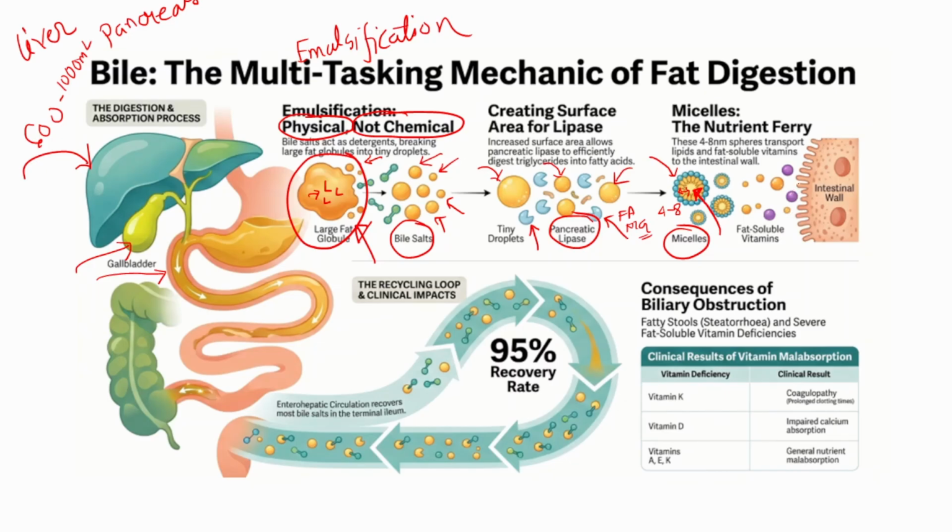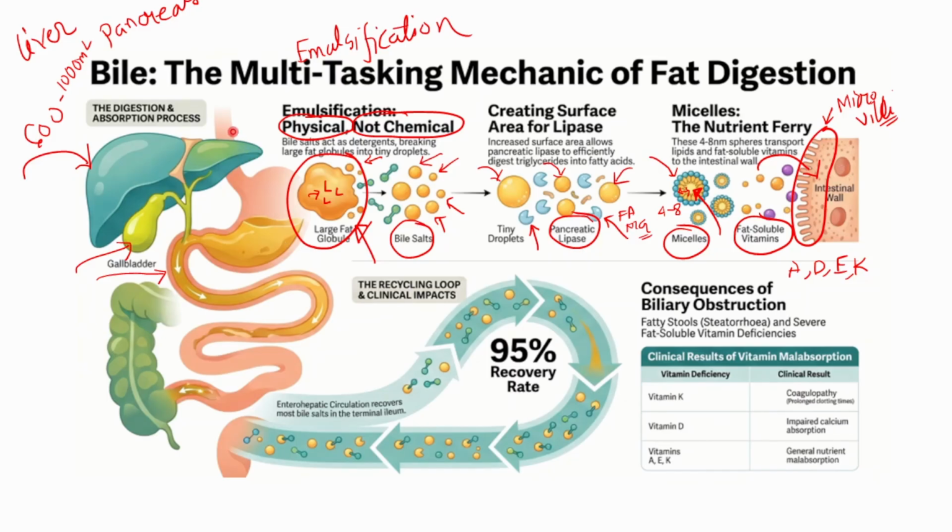These micelles solubilize the hydrophobic fats and fat-soluble vitamins, specifically vitamins A, D, E, and K, ferrying them through the aqueous environment of the intestinal lumen to diffuse directly into the brush border. This is the brush border, or you can say microvilli. After diffusing inside the brush border, the lipid components are released for enterocyte absorption.